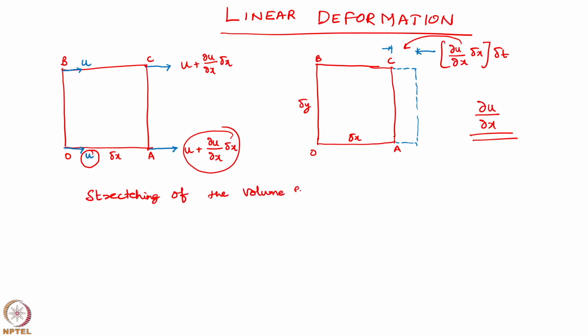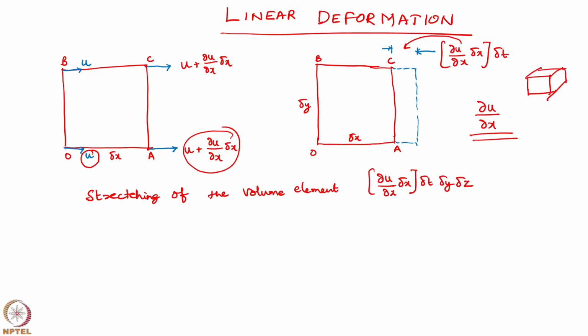It is del u by del x into delta x into delta t for the complete element, which is a parallelepiped, that is delta y delta z. That is, I consider the fluid particle like this.